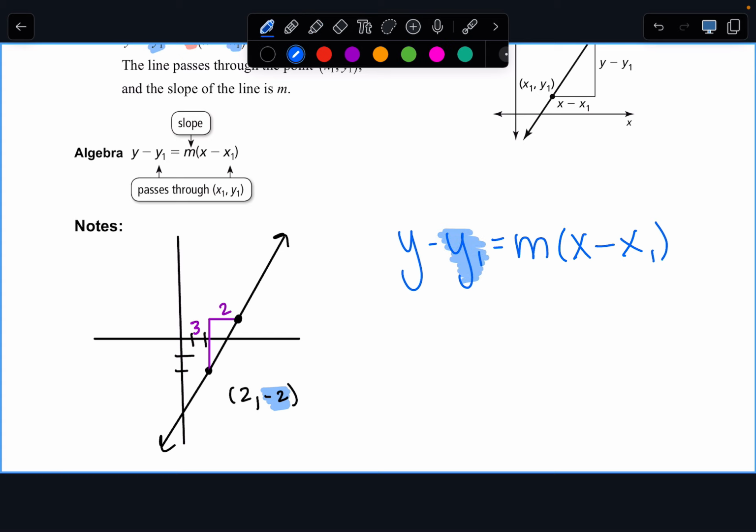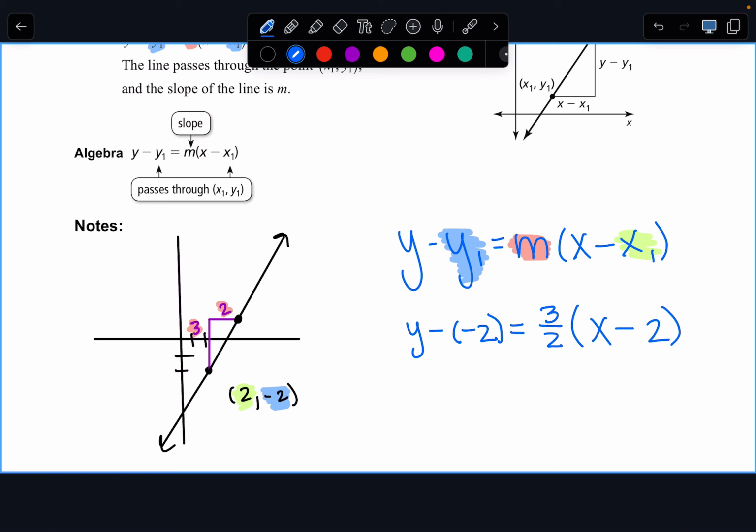So I'm going to write y minus -2. Okay, what is my slope? Up 3 over 2. And what is my x1? 2.